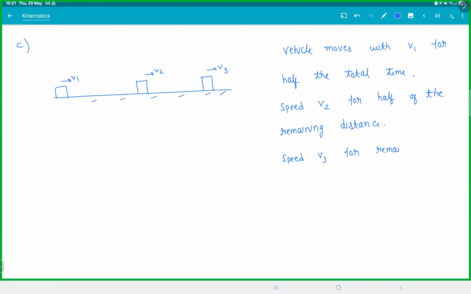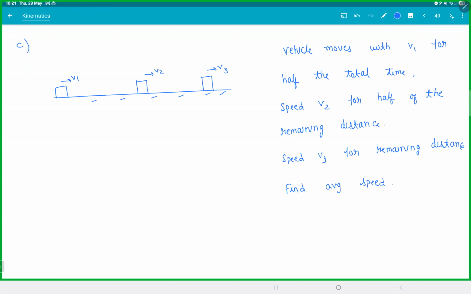I mixed up the time and the distance together. Let's finish off. Last one for the day. So I don't know how long is the journey. Let's say if it is 4 hours ka journey, for 2 hours you went with V1. And let's say after 2 hours, 50 kilometers is left. So 25 kilometers you went with V2 and remaining 25 you went with V3.